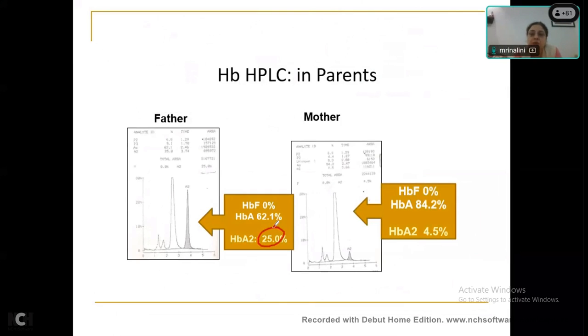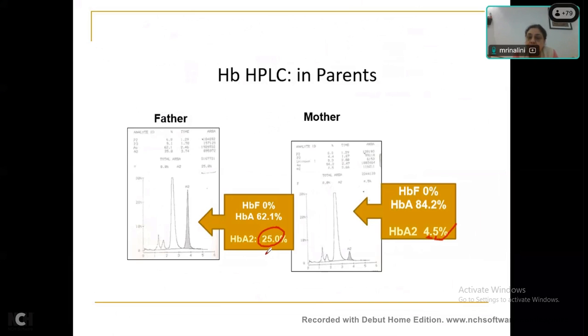I just told you that heterozygous beta thalassemia does not go beyond 9%. It is 25%. The mother is heterozygous beta thalassemia because her A2 is 4.5%. But the father is not heterozygous beta thalassemia. He is HbE trait, or heterozygous HbE.